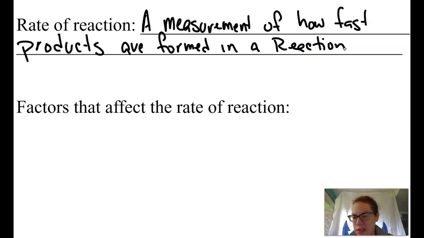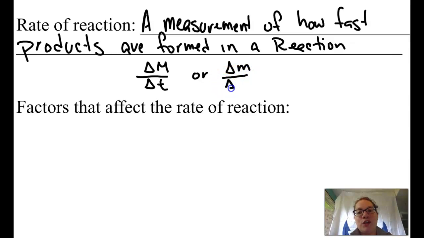It's kind of self-explanatory. The unit for rate of reaction is usually change in molarity over change in time, or it could be the change in mass over a change in time, depending on if you have an aqueous solution, you'd be measuring molarity.